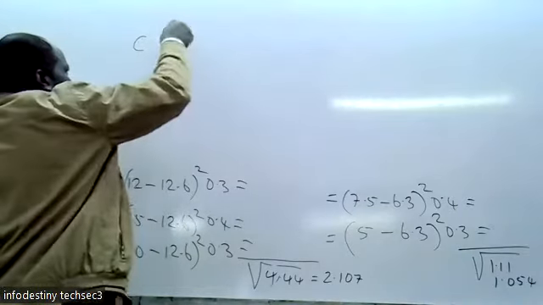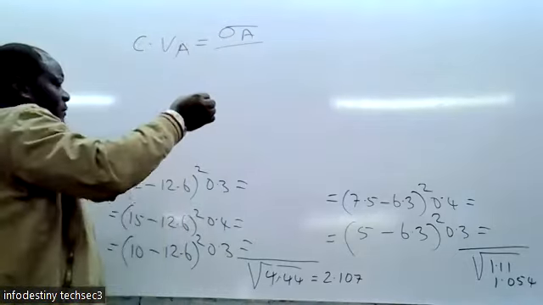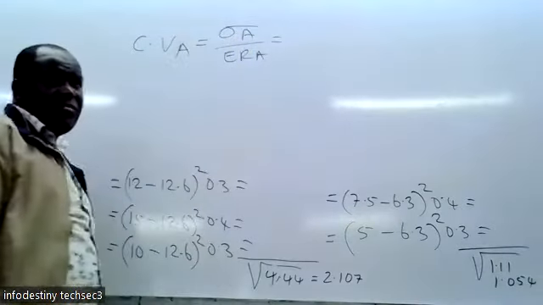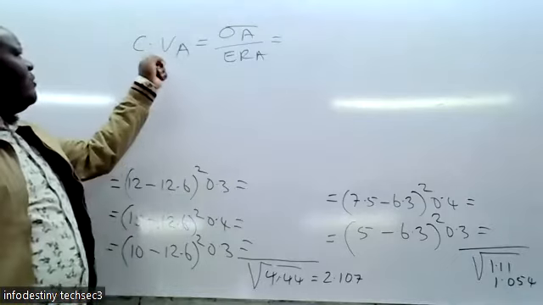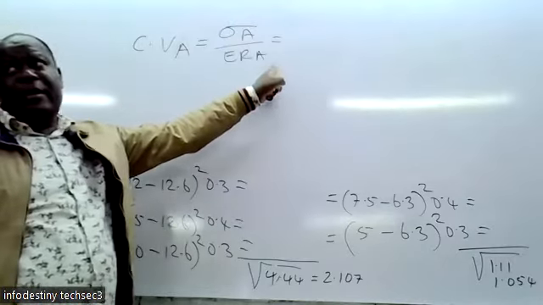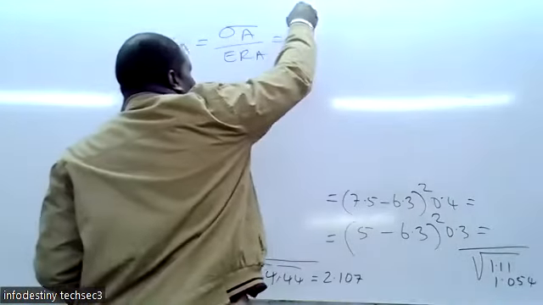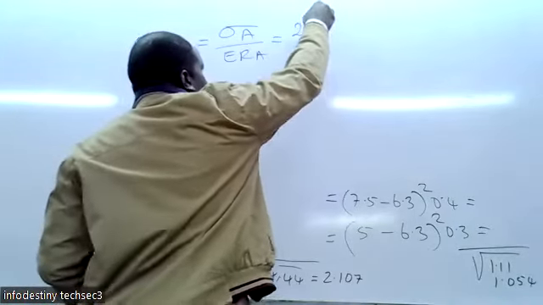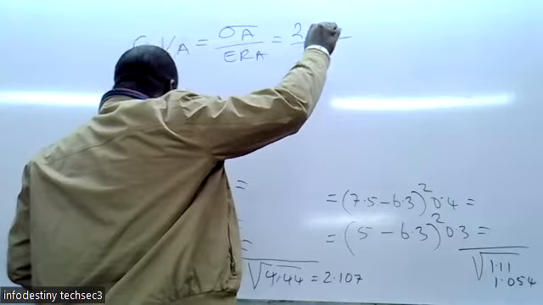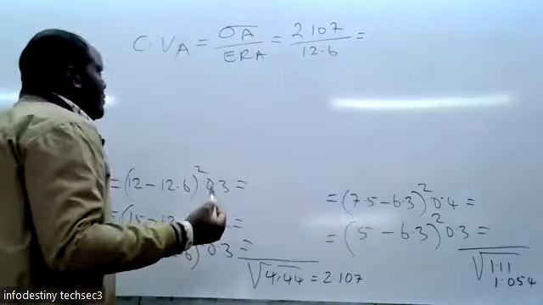Let me compute coefficient of variation for A. You simply take the standard deviation for A, divide by the expected return for A. Standard deviation for A, you have 2.107. Expected return for A was 12.6. So that is the coefficient of variation for A.